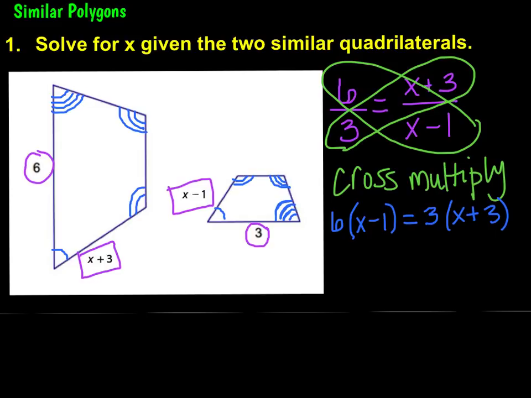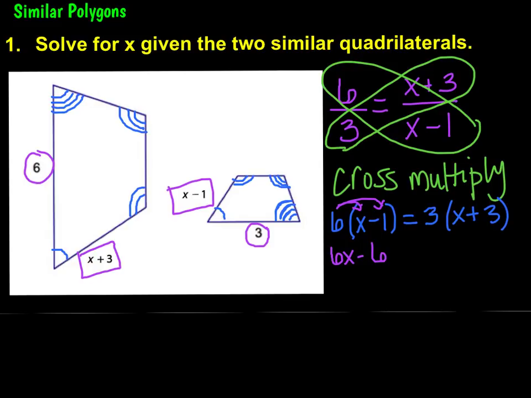Okay, now once you cross multiply, now you have an equation that we need to solve, and the first step would be to distribute. So we're going to distribute, and that gives us 6x minus, don't forget to multiply that 6 into both numbers, right?